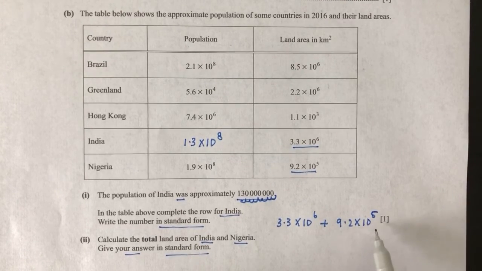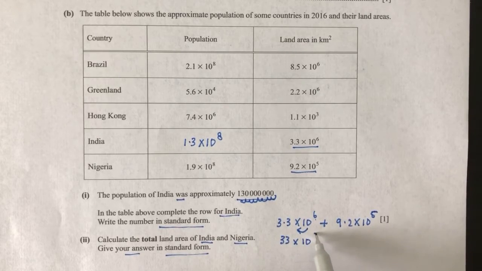Now we have a small issue, the power of 10 is different. We have 6 and 5, so we cannot add directly. We have to first change the power to make them the same. So I can send 1 zero here, it will become 33 times 10 power 5 plus 9.2 times 10 power 5.